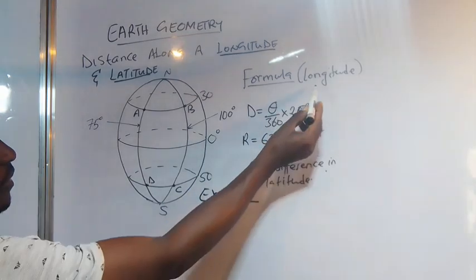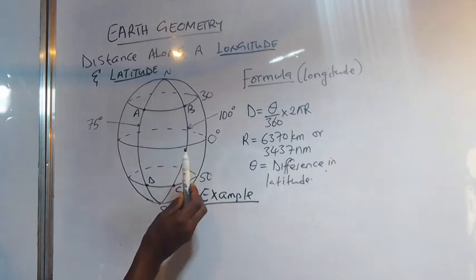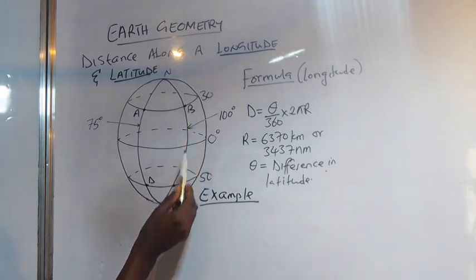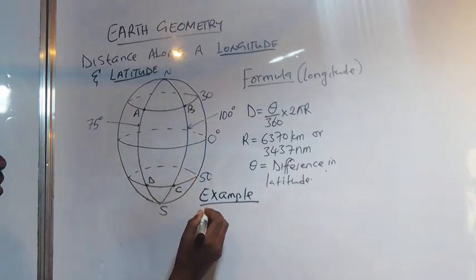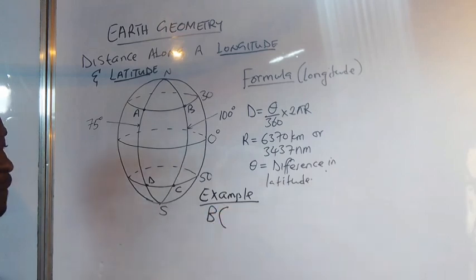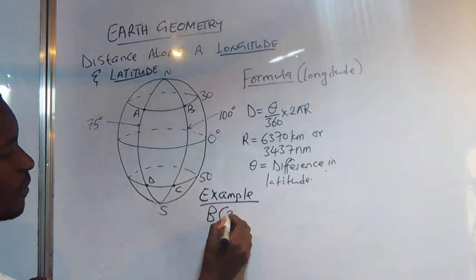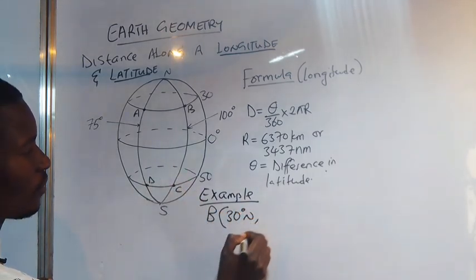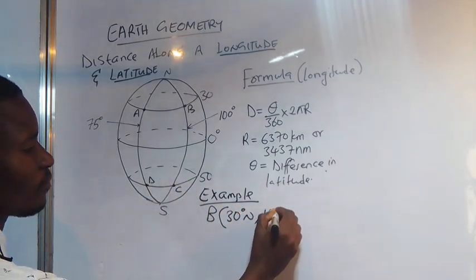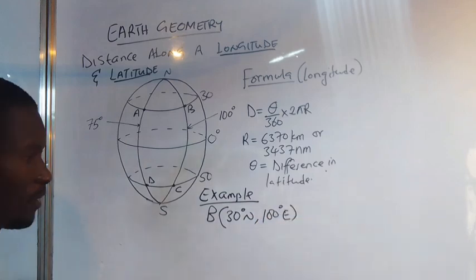So if you are looking at the longitude, then we can get these points B and C, because this is a longitude. So we have point B. If you have not actually watched how you are able to collect the points, you can actually go to our YouTube channel and watch how you can go about that one. So this one is 30 degrees north, 100 degrees east. Okay.